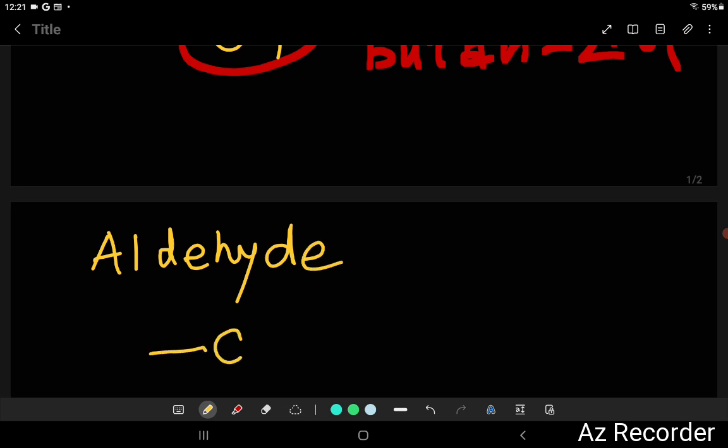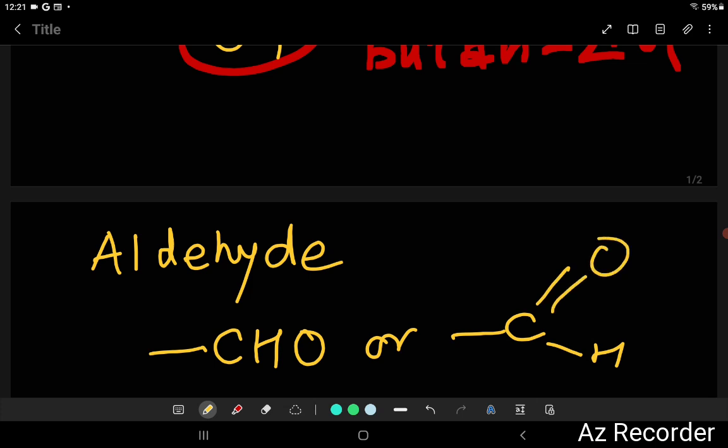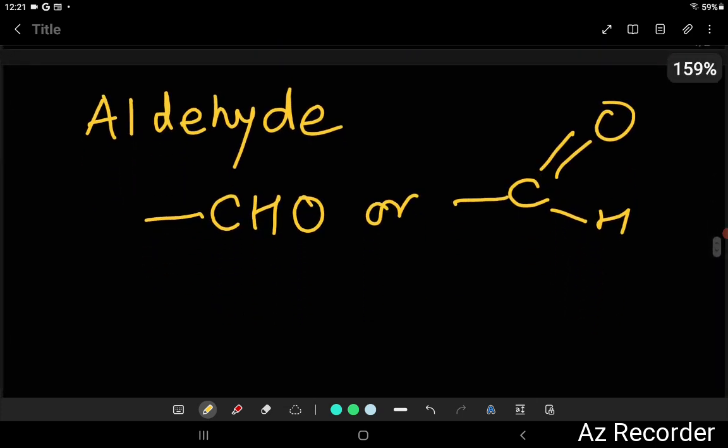Single bond CHO, or you can write it like this: C, H, double bond O. This is called the aldehyde group, and when we write the name of any compound containing the functional group aldehyde, we should add "al" at the suffix position. That means after the root word.